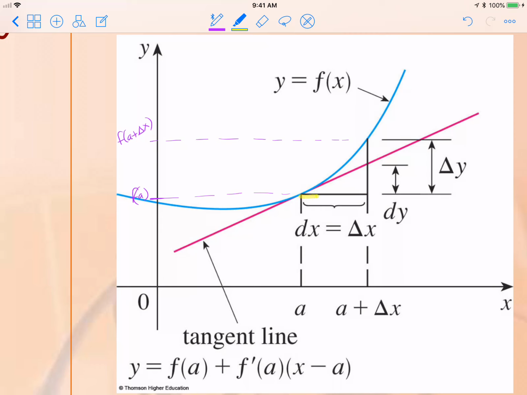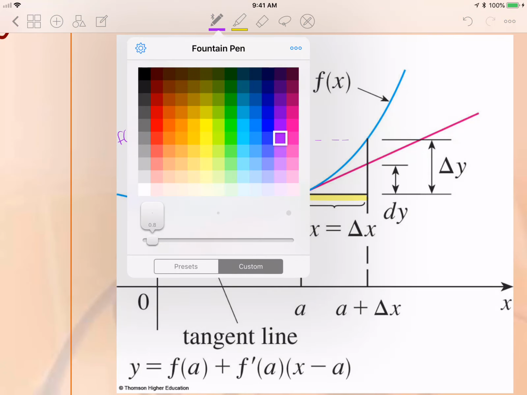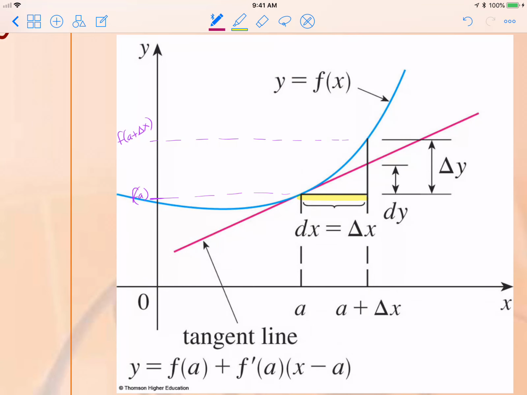So dx is some small little distance, and dy, which is your differential in y, is the difference between the linear approximation using a plus delta x versus the linear approximation at a.